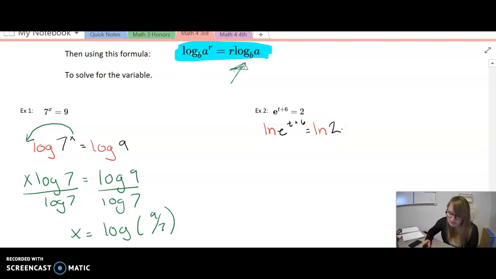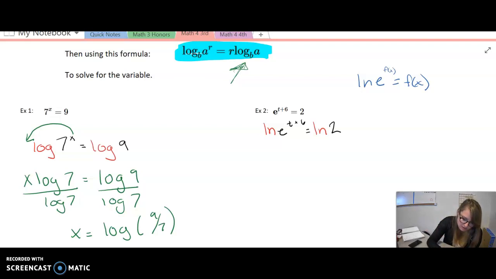So then from here, I can recognize something about this. The natural log of e, if you remember, is equal to the exponent. So if we have the natural log of e to any exponent, then that will just be equal to the exponent.